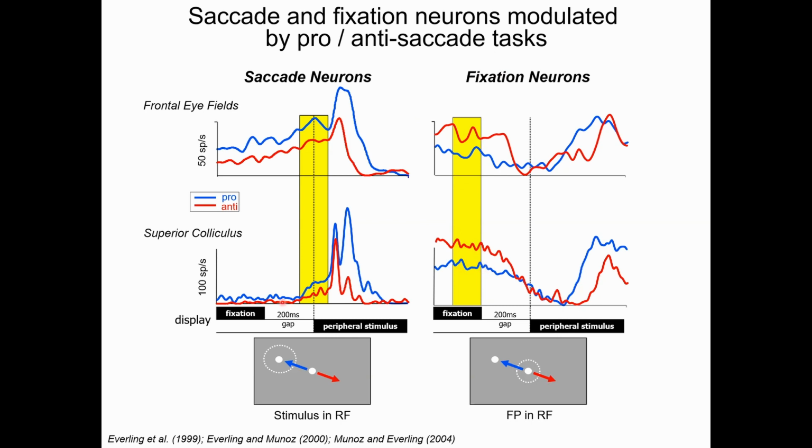It's the opposite of what was going on with the saccade neurons. So these fixation neurons are then contributing this top-down inhibitory signal onto the saccade neurons to not let this visual response cross the threshold.